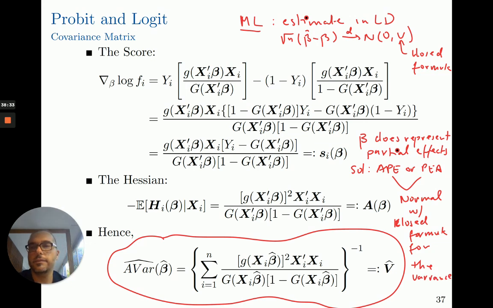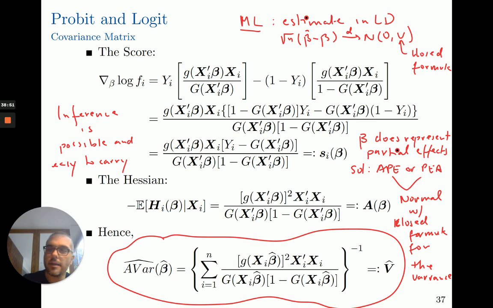So basically, inference is possible and easy to carry out. Any package works for that. You can easily estimate this in Python, R, and MATLAB, or you can implement it from scratch. It's pretty easy, but so far only in low dimensions.